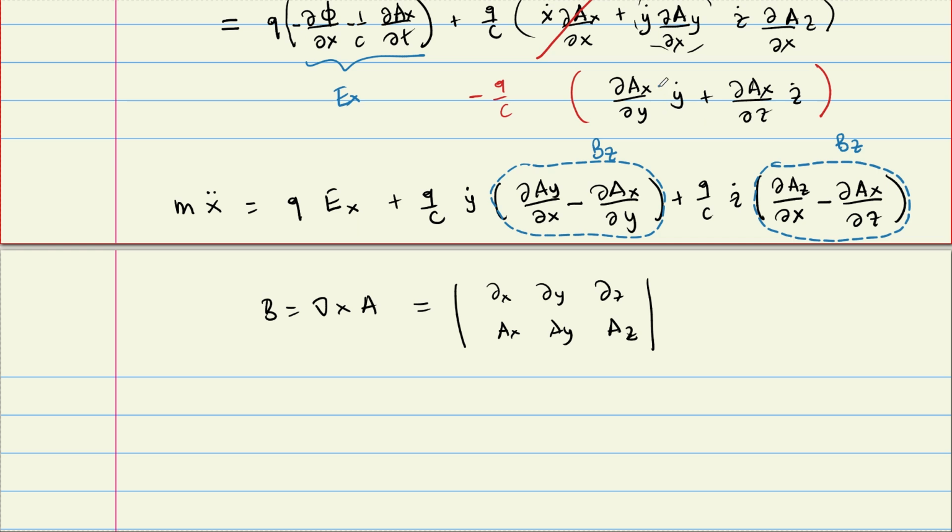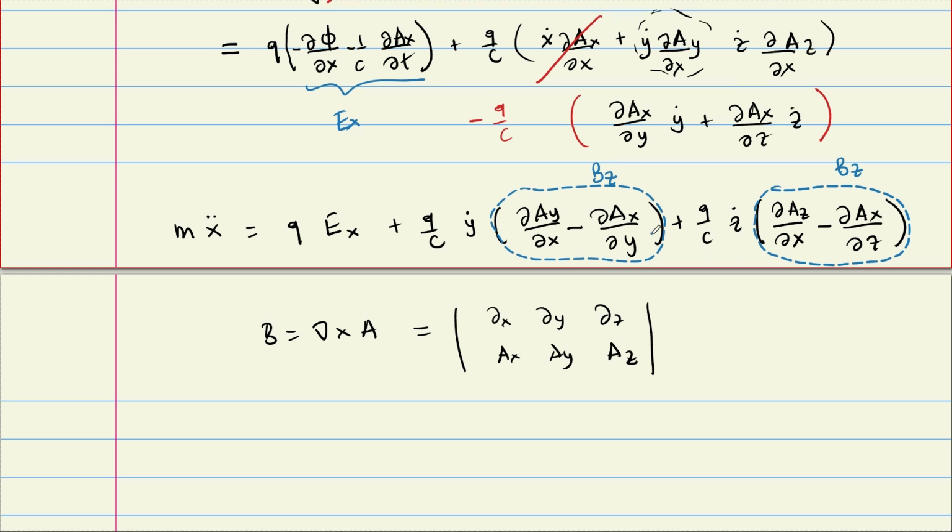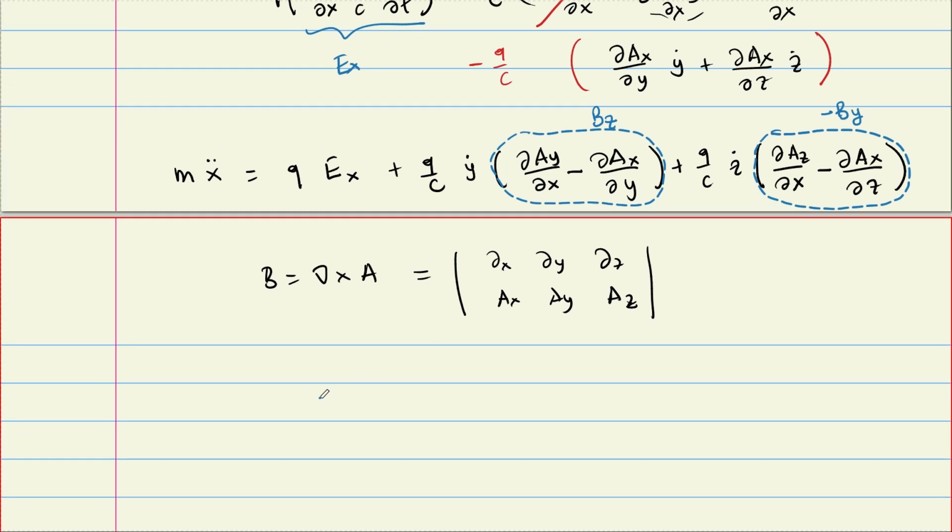And I think I picked up a minus sign. Yes, I think this is B y. Sorry. This is actually minus B y. Minus B y, right? Then m x double dot is equal to q E x plus q over c times y dot B z minus z dot B y.